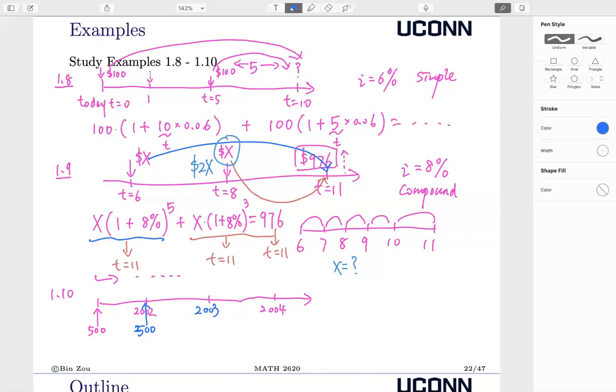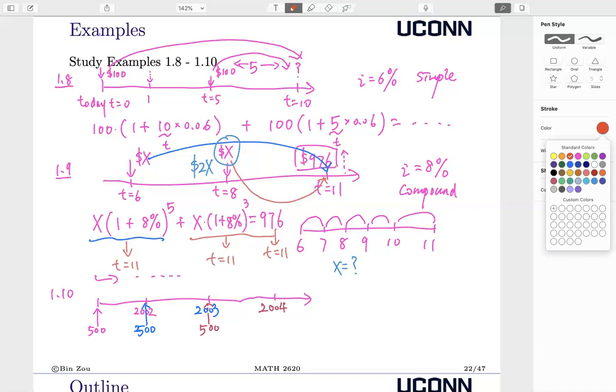The third deposit is at the beginning of 2004, so this refers to the deposit at the beginning of 500, not 2004. So here is 500. Now what do we have?